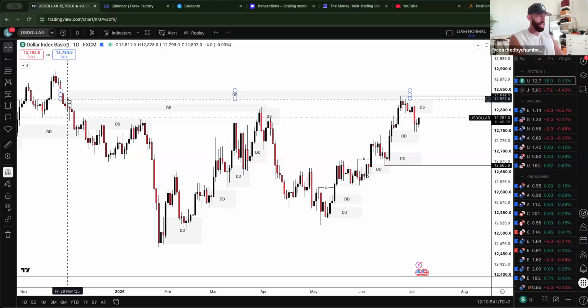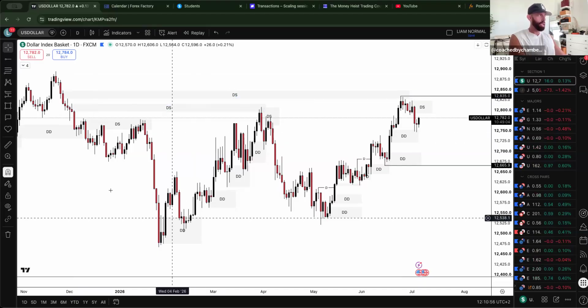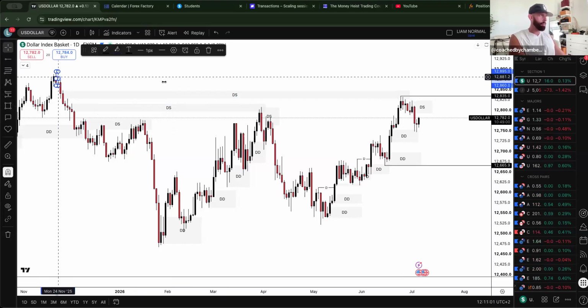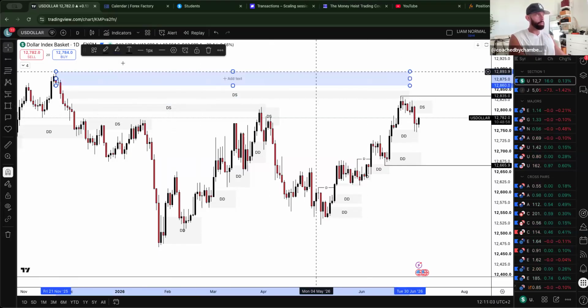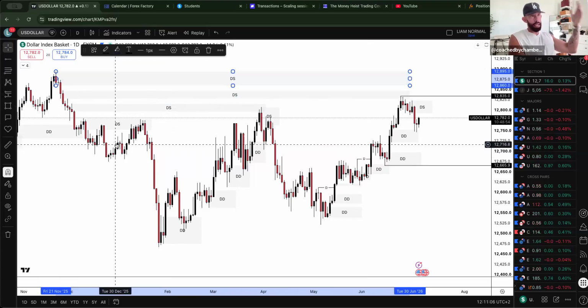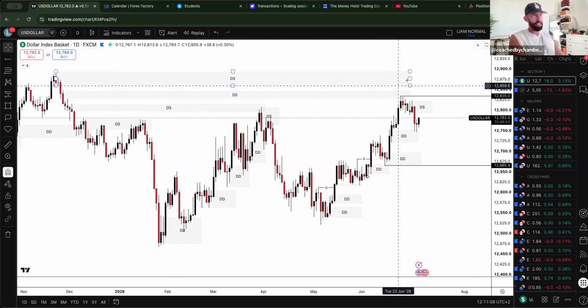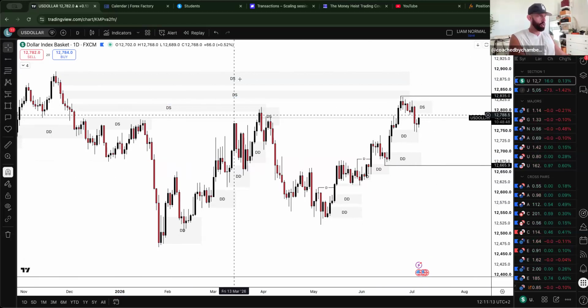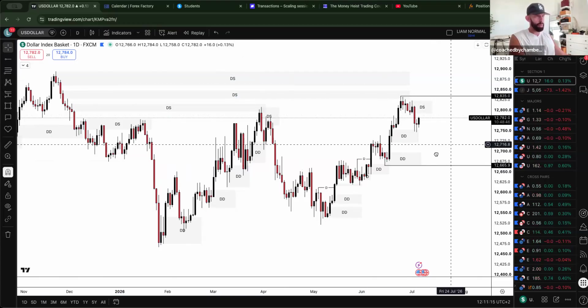So we did have a slight imbalance here. You probably can't see it. I'm also aware that we have this daily supply area above as well. So if market does carry on going longer, then it could be a reason to get into here and then potentially short again. So we have these two areas at this moment in time.